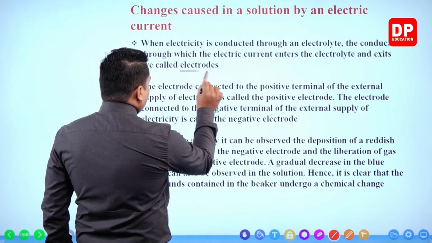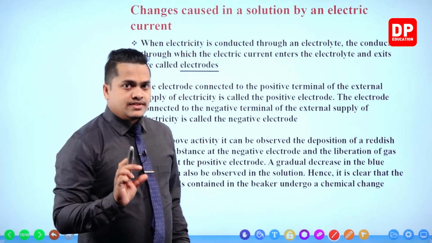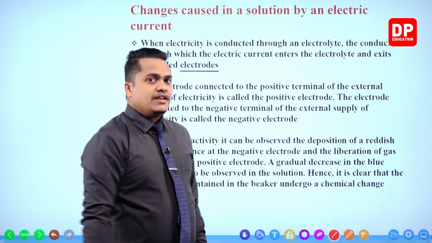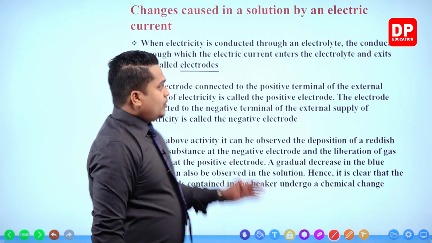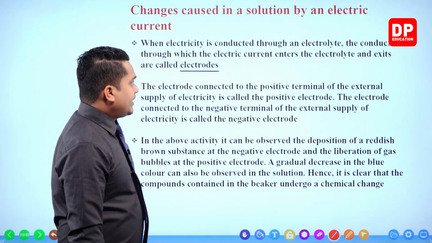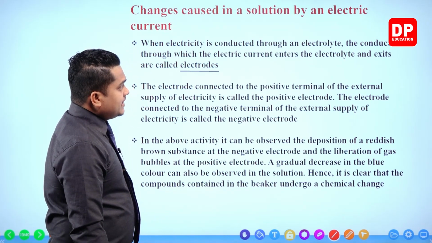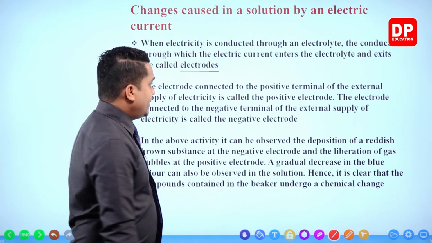Now, electrodes are the materials or substances through which we provide the electricity, and the electricity comes out from the other one. Right?